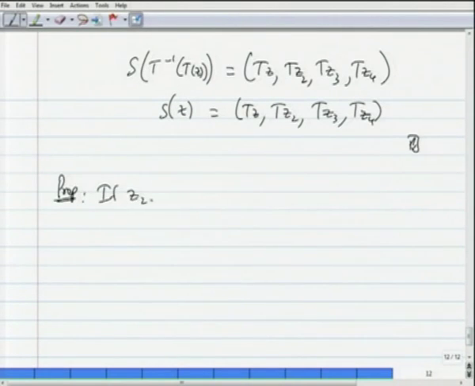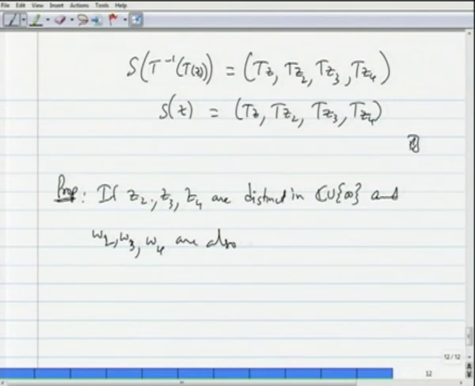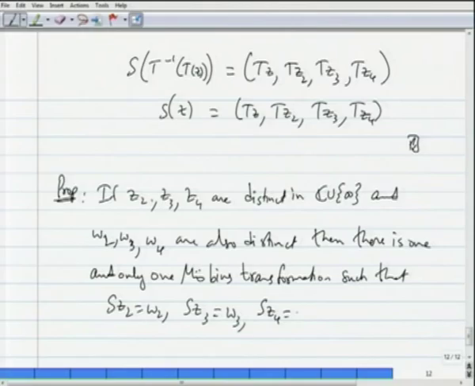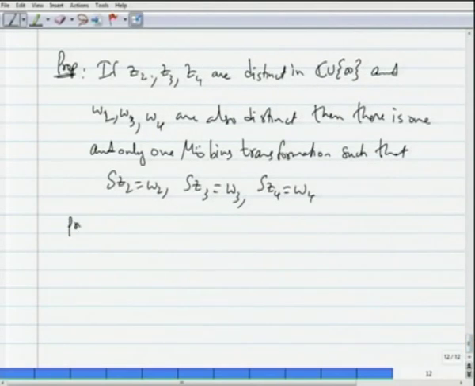If Z 2, Z 3, Z 4 are distinct in C union infinity, and W 2, W 3, W 4 are also distinct, then there is one and only one Mobius transformation such that S Z 2 is equal to W 2, S Z 3 is equal to W 3, S Z 4 is equal to W 4. And the proof is really easy.